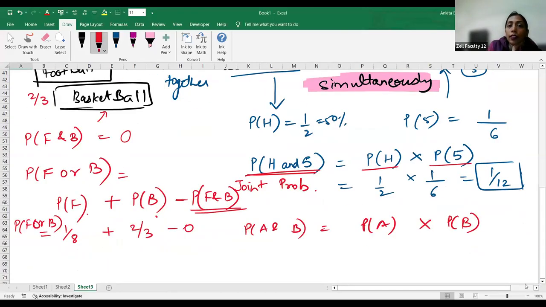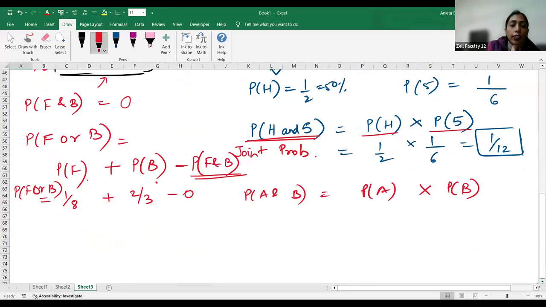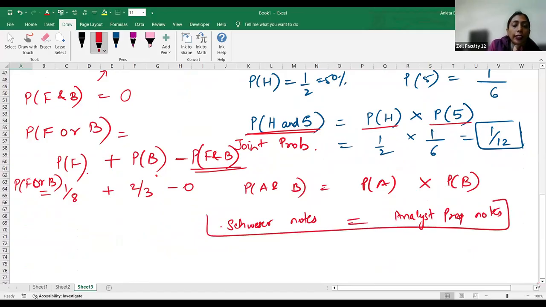Okay. So I see that many of these students were not there in my yesterday's class. So for their benefit, let me tell you that you have Schweser notes also, and you have analyst prep notes. Now, both of these notes are good. So they are equivalent in the form of the content, in the form of how they are structured.